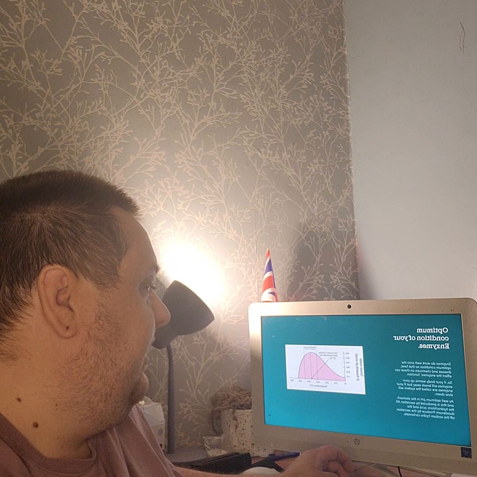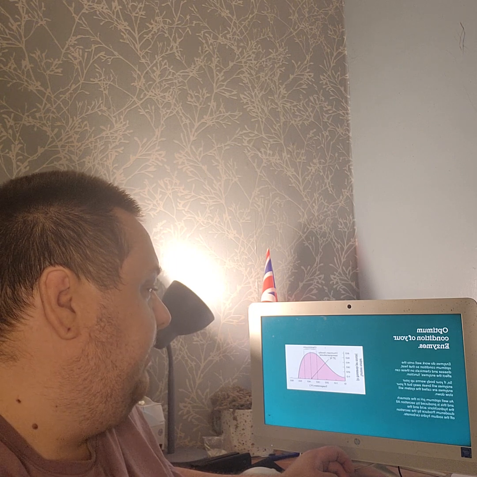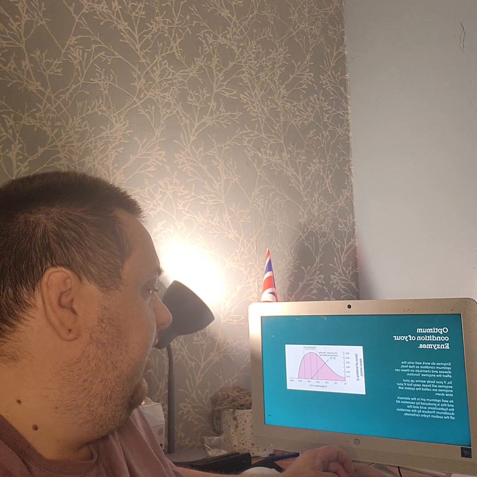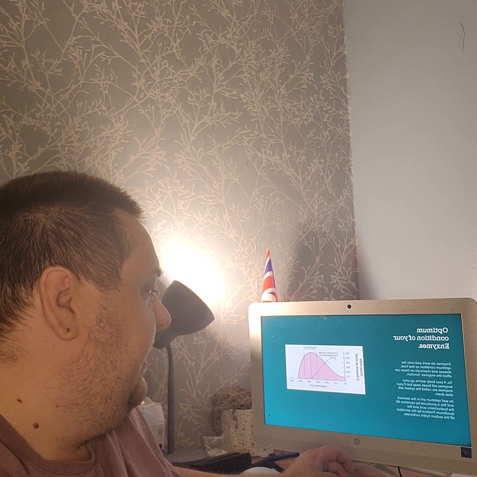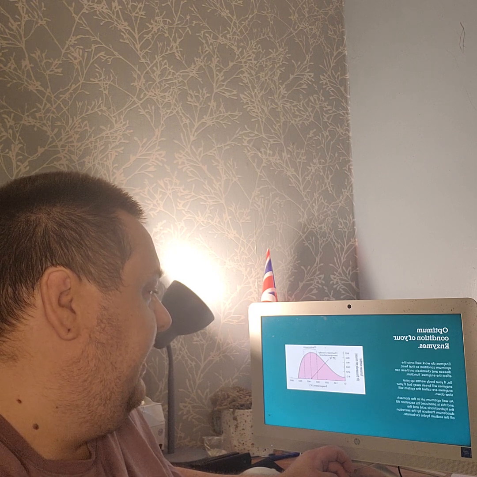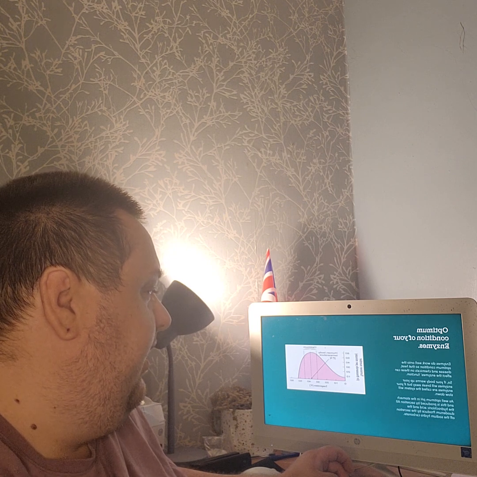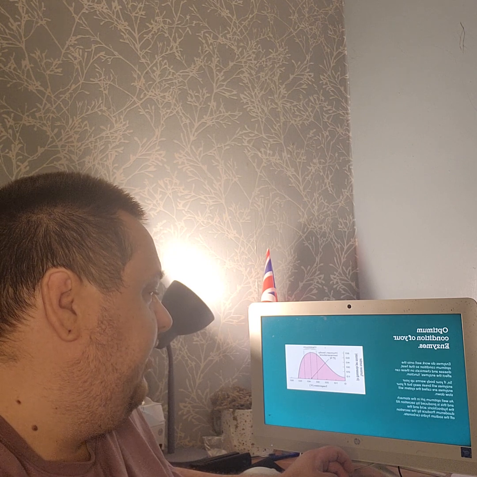Also, there is an optimum pH in the stomach, and this is produced by hydrochloric acid, and in the duodenum by the pancreas, with sodium hydrogen carbonate.